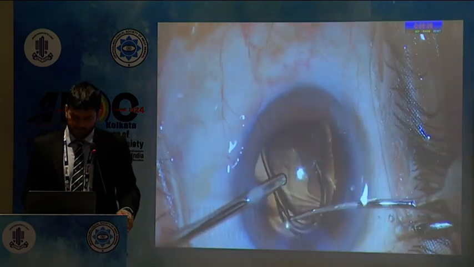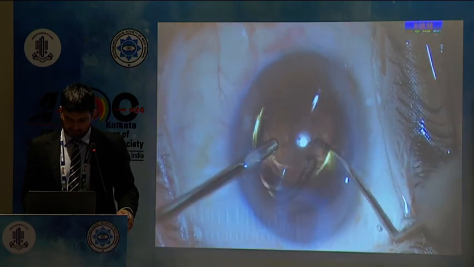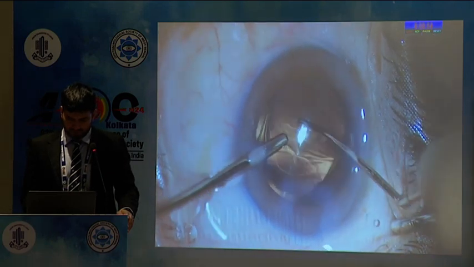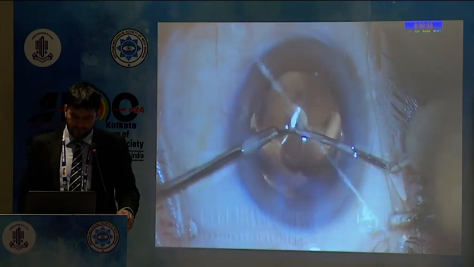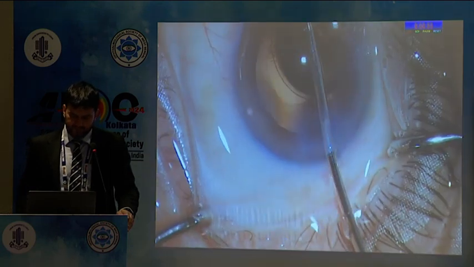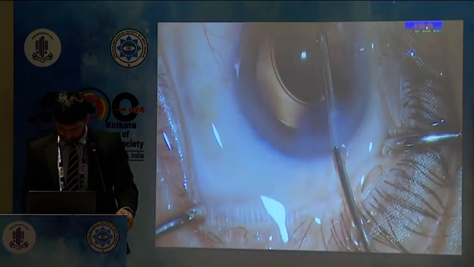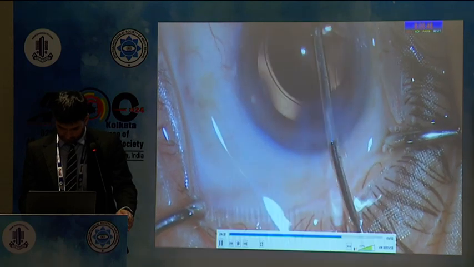Here is an interesting case. Everything went on smoothly, the phaco part, the cortex part, the IOL also was implanted into the bag. But suddenly while removing the visco, I noticed that the IOL keeps on decentering.